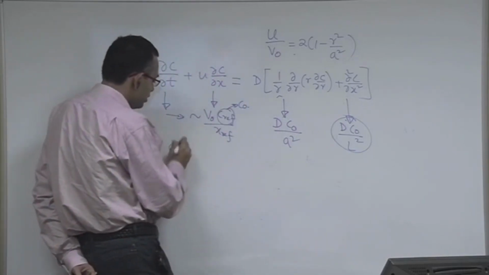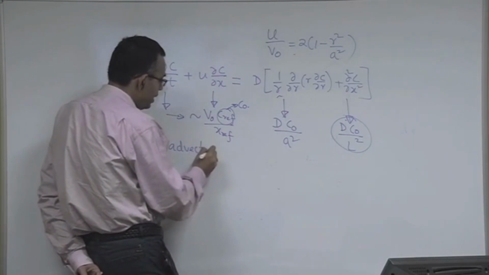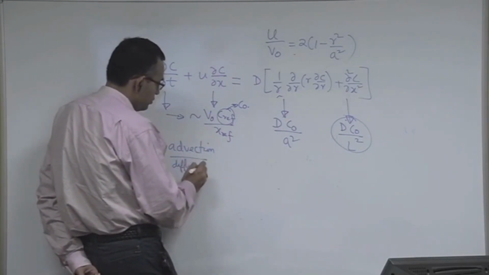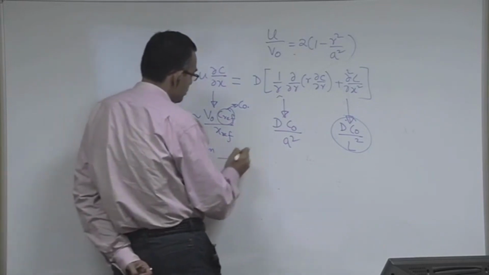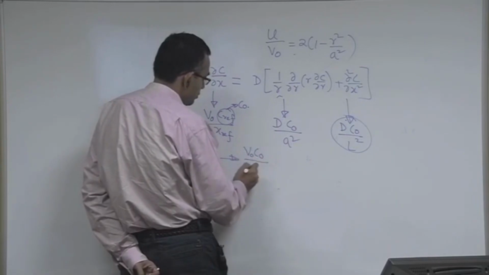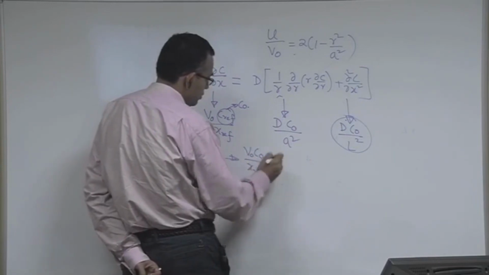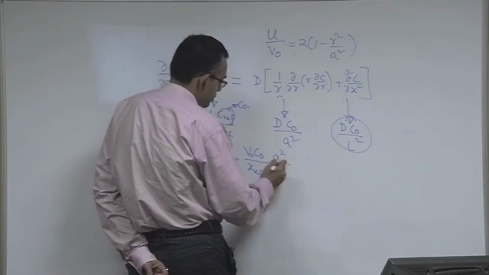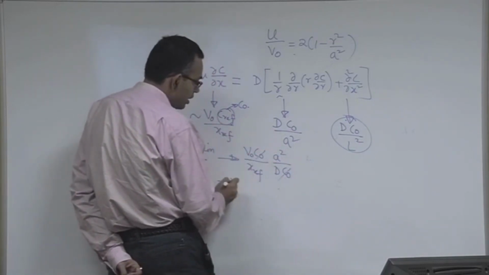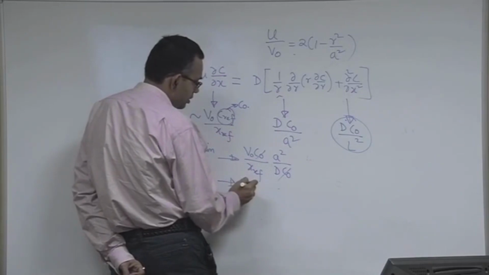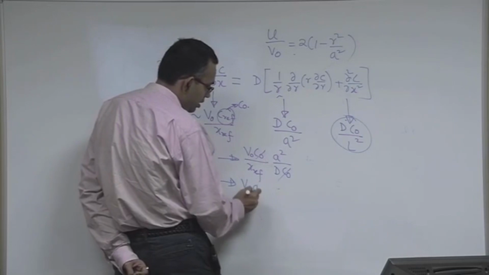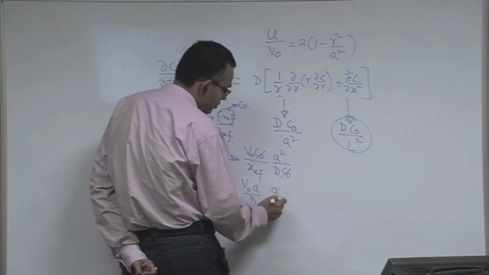So advection by diffusion, this you can write as V0 a by D into a by x reference.